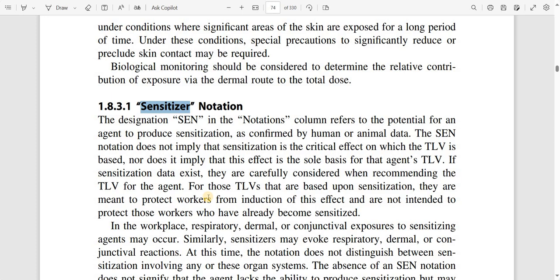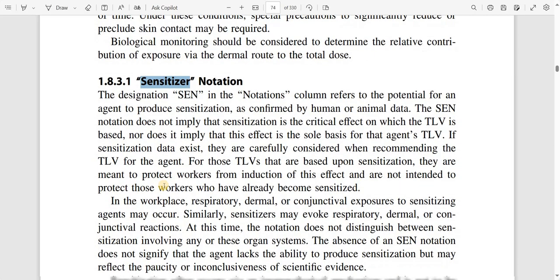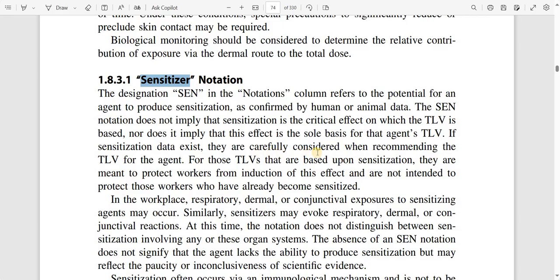The SEN notation does not imply that sensitization is the critical effect on which the TLV is based, nor does it imply that this effect is the sole basis for the agent's TLV. If sensitization data exists, they are carefully considered when recommending the TLV for the agent.